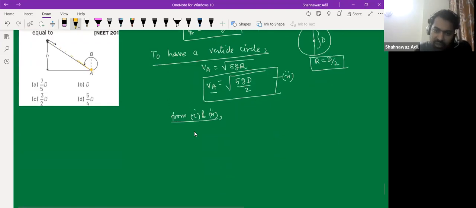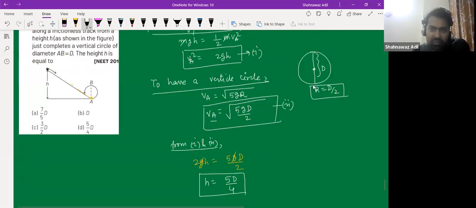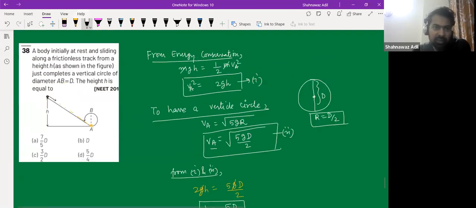So 2gh is equal to 5gD by 2. Then g and g will cancel, and h would be how much? That would be 5D by 4. Is this thing clear, guys? Yes, sir. Yeah, then please note that down.